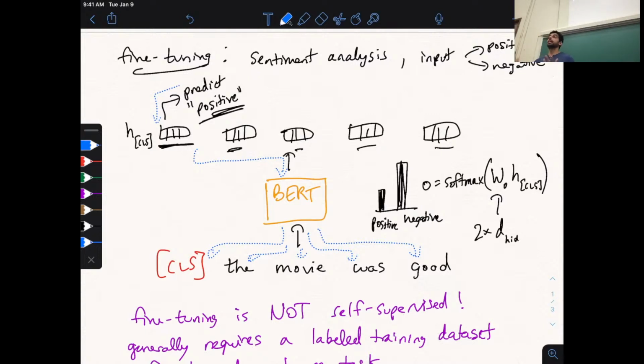So what is getting updated here in the fine-tuning process? The embeddings are definitely getting updated. What else is getting updated? The weights, right? At every block of BERT, I have W_Q, W_V, W_K. I have that big feed-forward layer that we use after the concatenation of all of the head vectors.